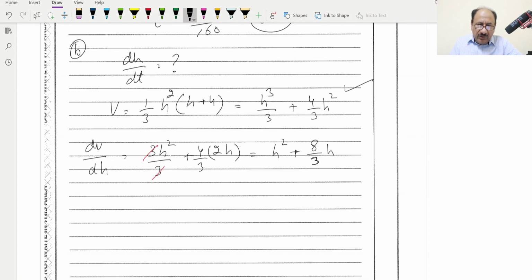But we need dh over dt, so how can we get it? We can apply the chain rule. We can write dV over dt into dh over dV.